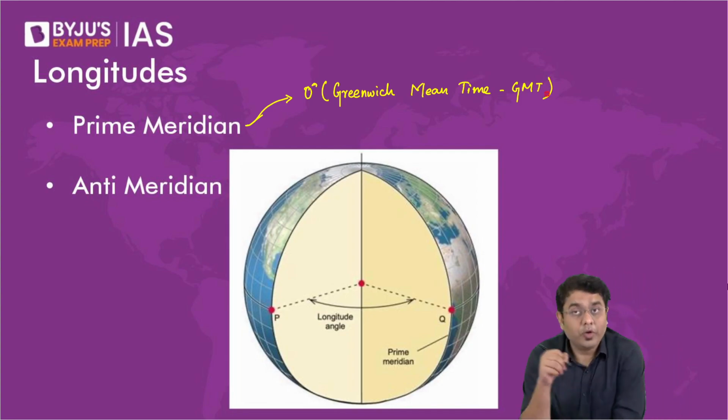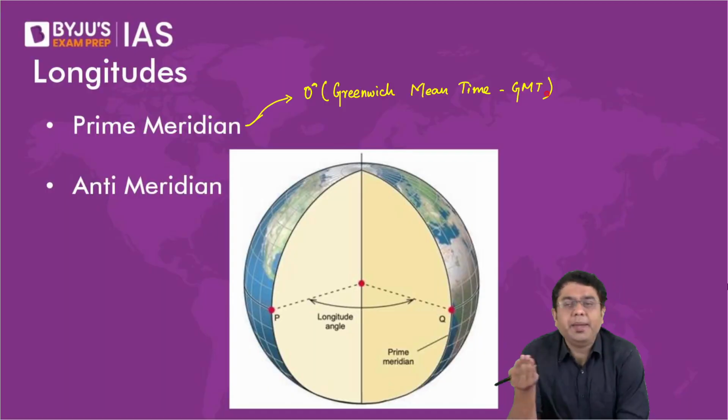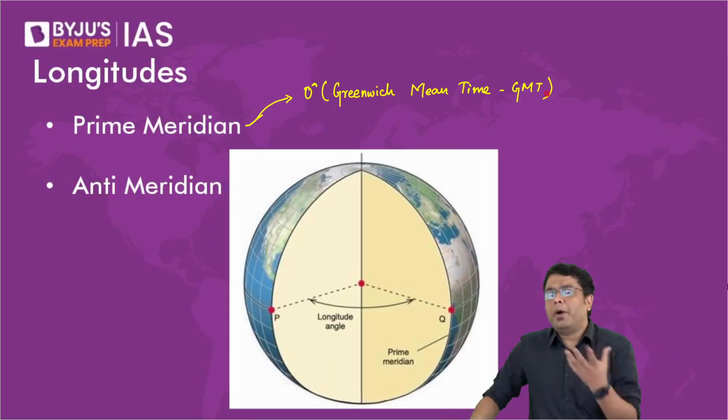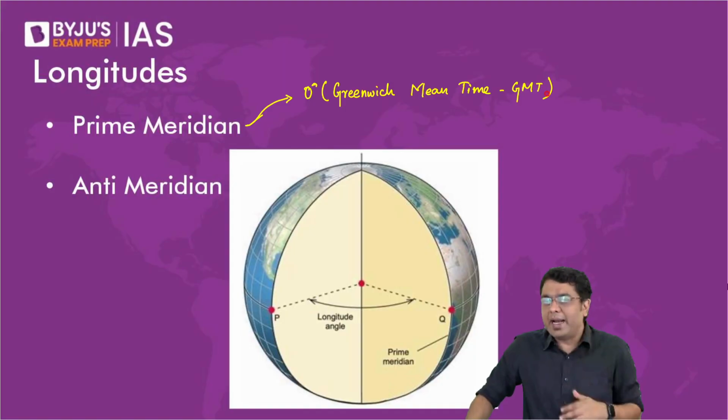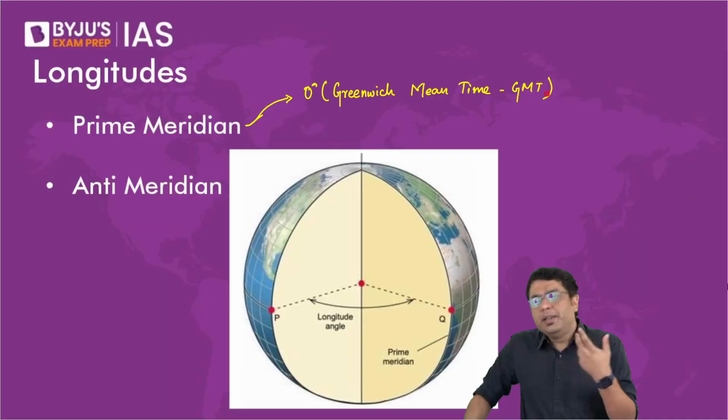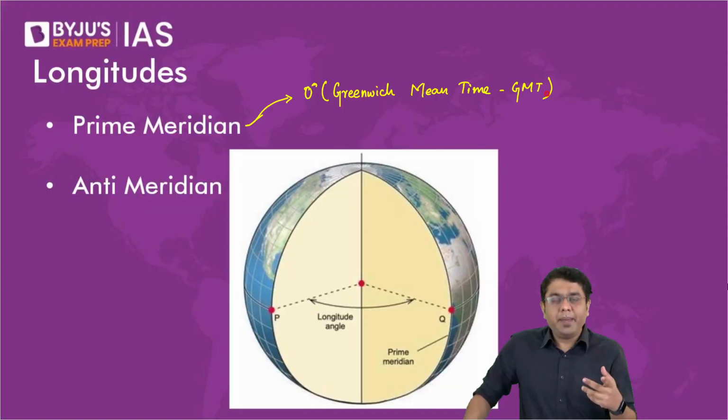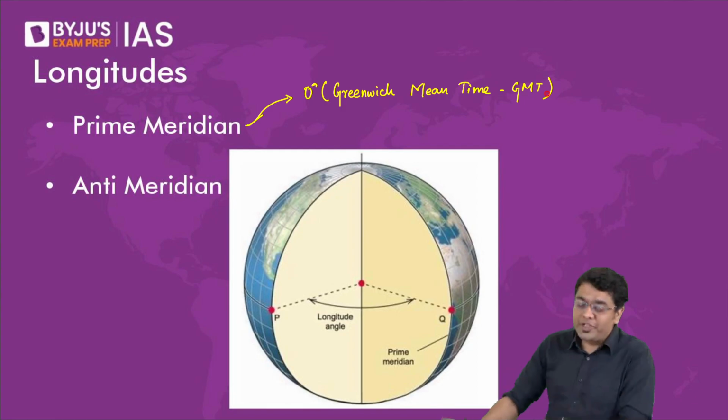It is with reference to GMT that you have the various different time zones which are kept. When we come to Indian geography, we'll also talk about the Indian Standard Time and the Standard Meridian passing through India. In India, we observe the 82.5 degree east meridian as the standard meridian. So Indian Standard Time is taken to be 5.5 hours ahead of GMT.